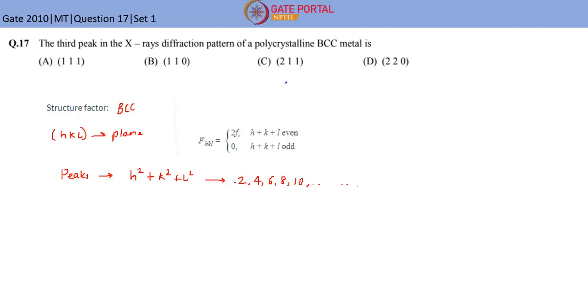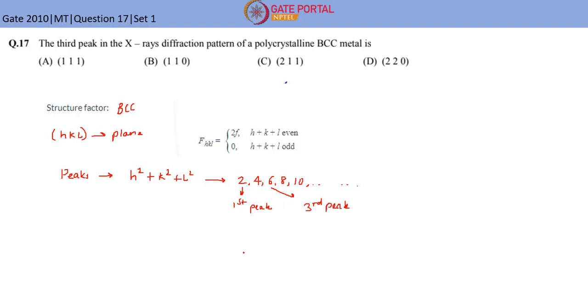So we have to see for which HKL this will be the first peak, and similarly the third peak. The question asks for the third peak in the X-ray diffraction of a BCC material. Here the third peak denotes 6. So we have to see for which HKL, from 2, 4, 6, we get the sixth one.